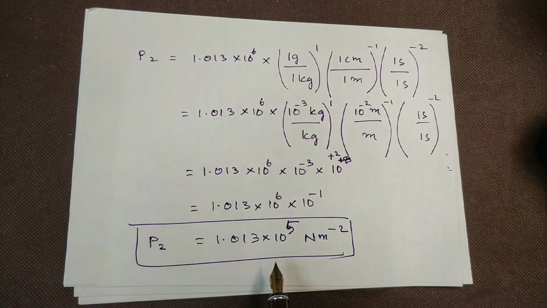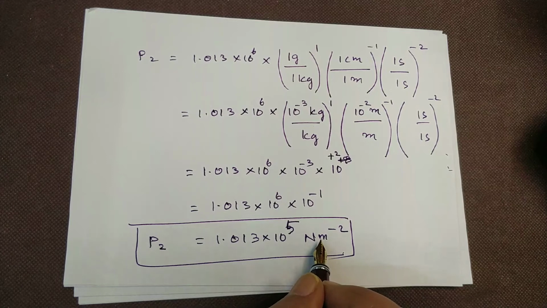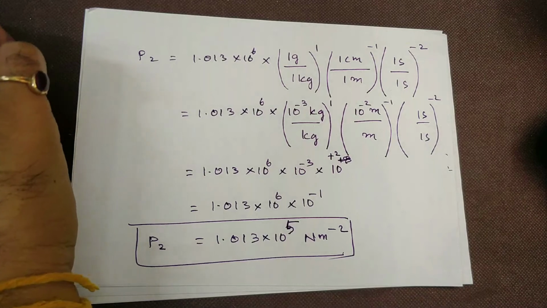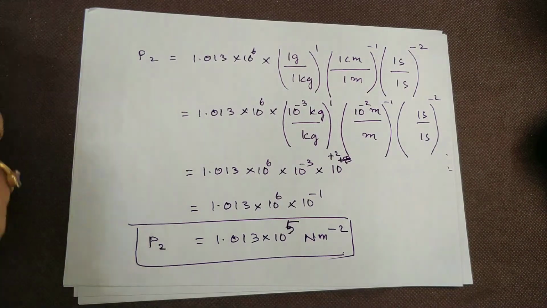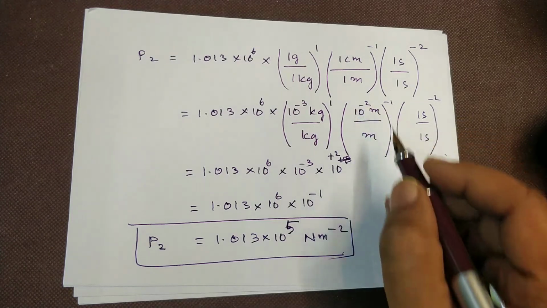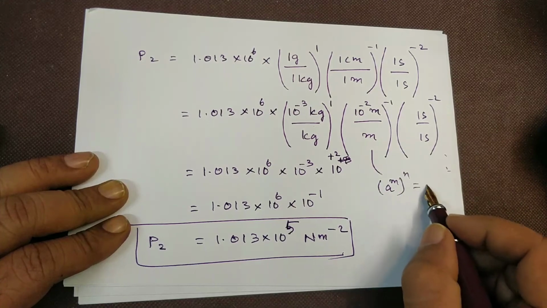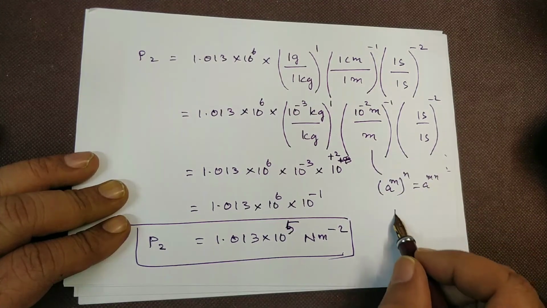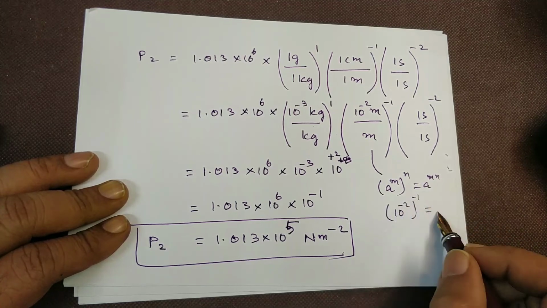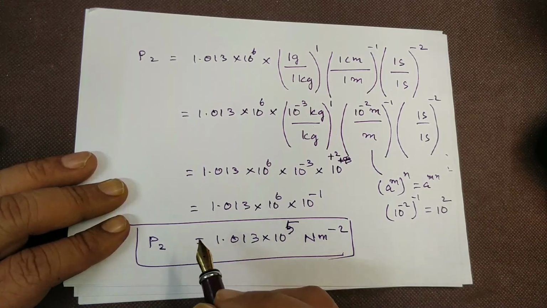Here the meter cancels. A power m whole power n is equal to a power mn. So 10 power minus 2 whole power minus 1 is equal to minus of minus, plus. So 10 square. Right?